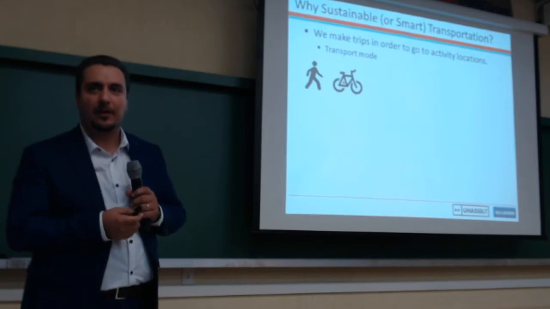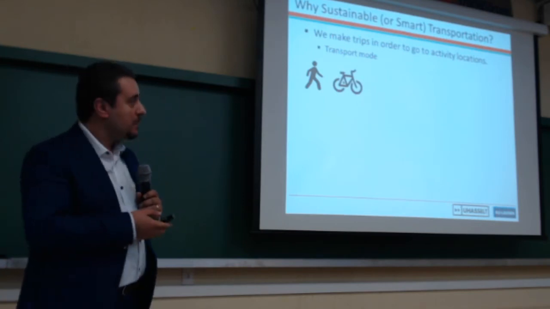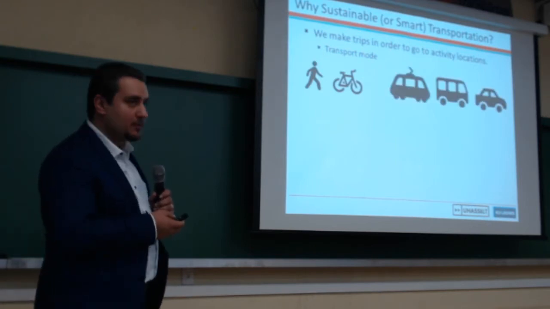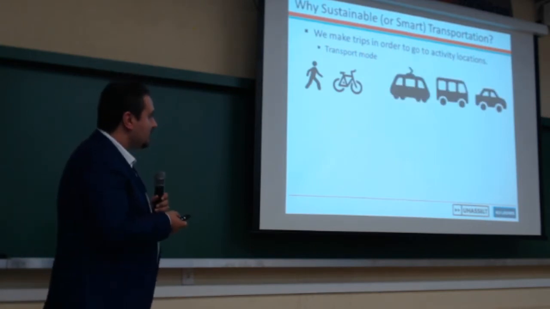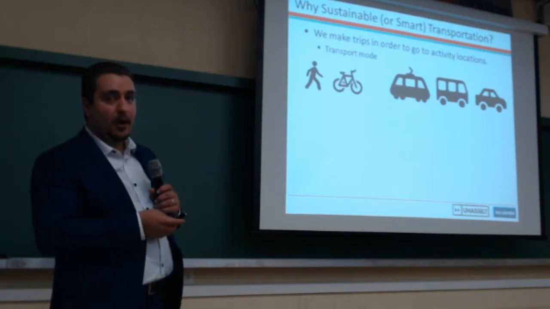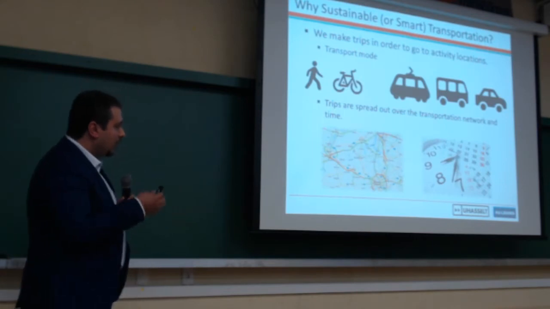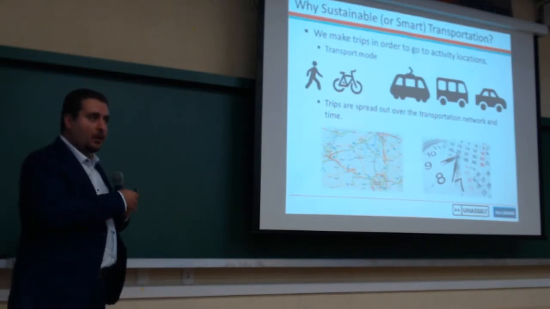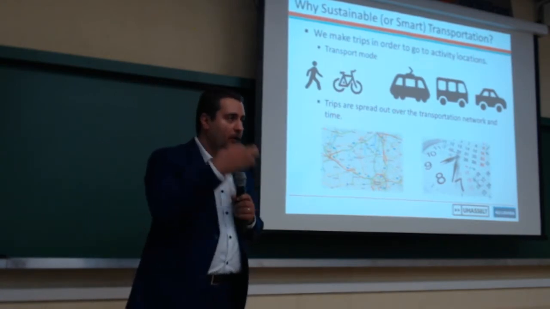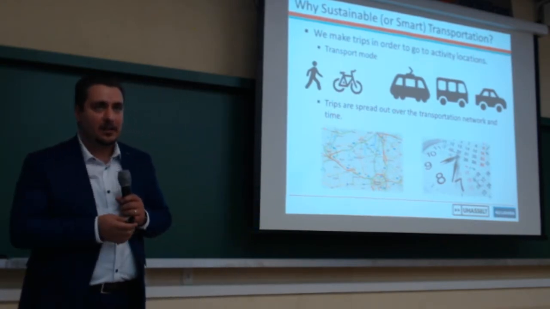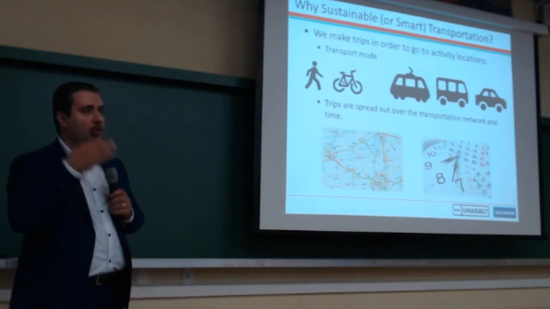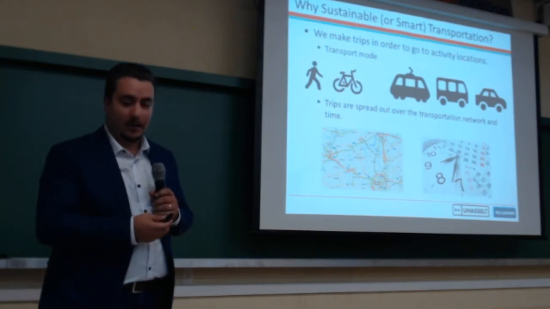That's why many people call it active transport mode, including walking or cycling. But there are also motorized transport modes, including public transportation, buses or trains, and also private cars. We also do these trips all over the place, from every possible origin to every possible destination, and at different times of the day: early in the morning, in the afternoon, late in the evening.